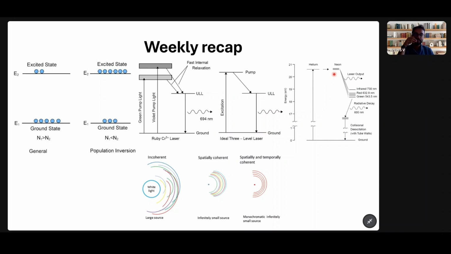Instead, the lasing medium only consists of the neon medium, where non-radiative relaxation happens from the excited state to a first metastable state, followed by the lasing transition, where the second metastable state de-excites to the first metastable state, and another non-radiative relaxation happens to the ground state. In both these cases, we saw that the rate of non-radiative relaxation to the upper metastable state should be higher than the spontaneous emission rate to the ground state, in which case population inversion can be achieved.